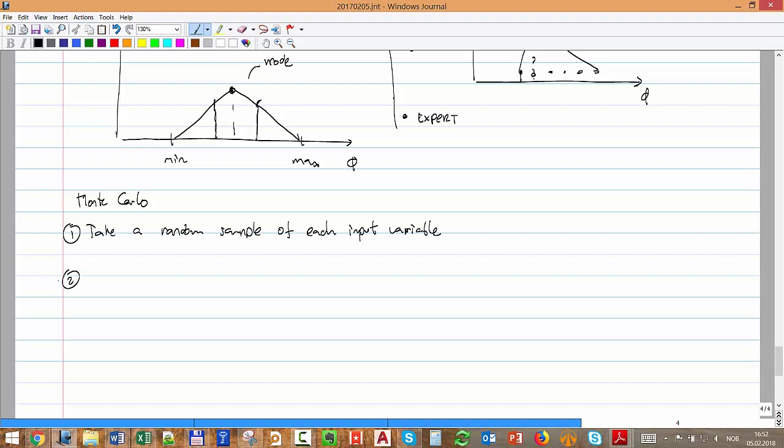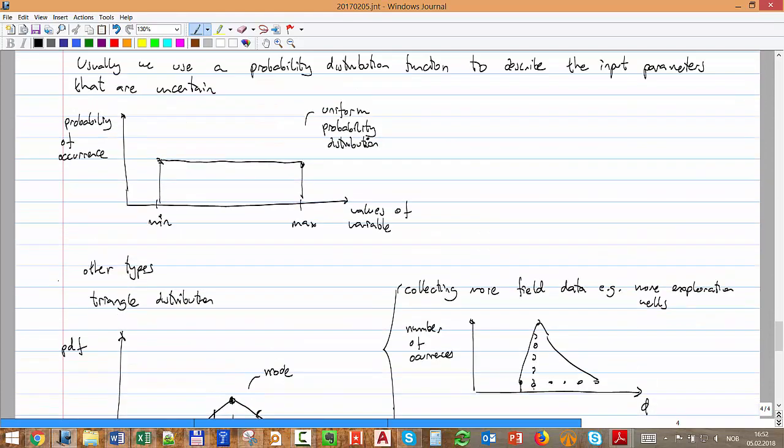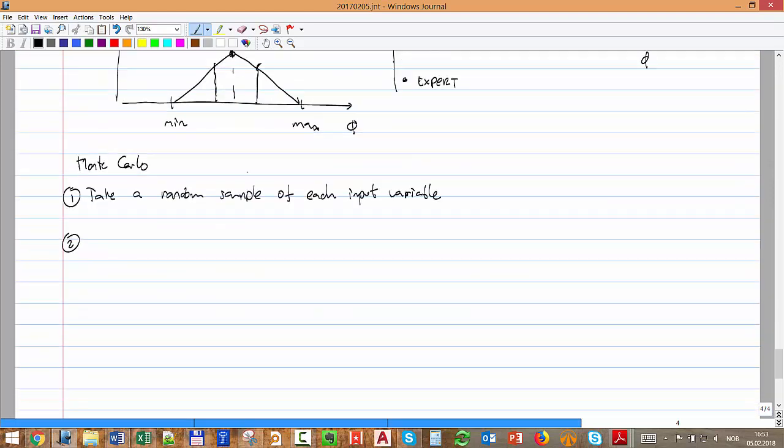Okay, a random value: if we say the porosity is between 18% and 20%, I just take 18.5, a random number, completely random from the top of my head. You can take 0.17, okay? You can take any number.